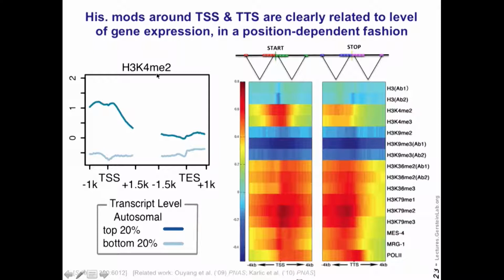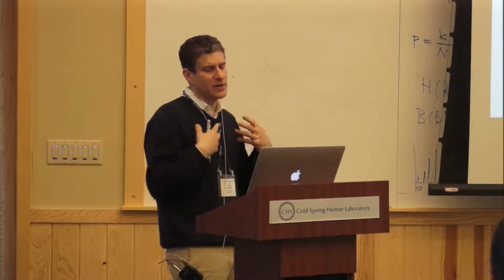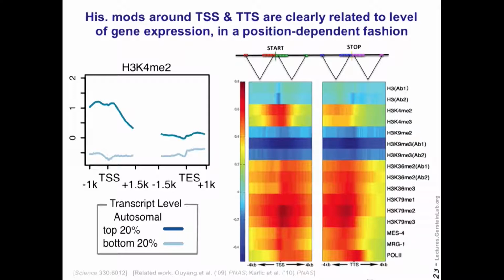So then what you can do is take all the different marks that people look at. There's this zoo of histone marks. And you can take all the marks and go to each of these bins and put into the bin the correlation of the mark with the level of gene expression averaged over all the genes.